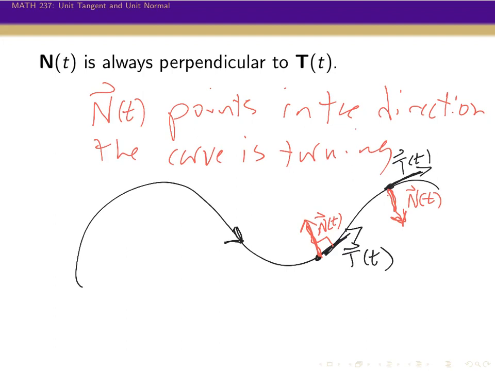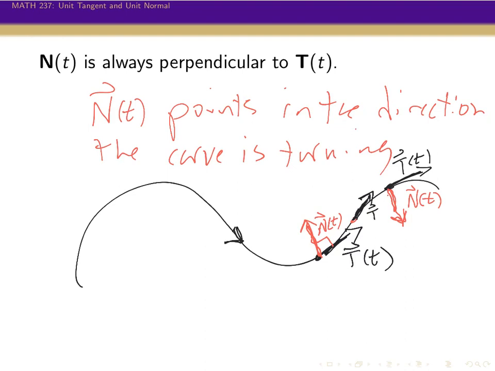If you notice on this curve, if you think about inflection points, places where the concavity is changing, and concavity is talking about which way you're turning, at that point there's not going to be any unit normal vector. At that point, really, the magnitude of T prime is actually going to be 0, because it's not turning at all, and so there's going to be no unit normal vector.